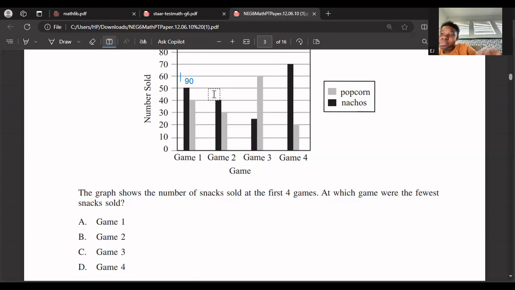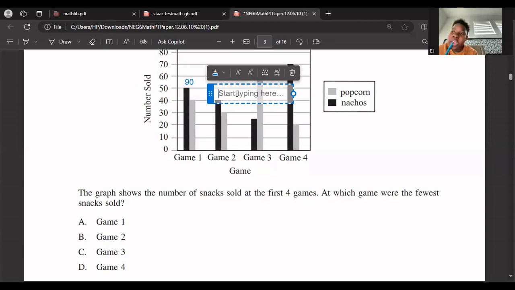So when you do the addition, what do you have? For game 1, what's the total number? 90 snacks. For game 2, what's the total number? 70 snacks. Good. For game 3, 25 nachos and 60 popcorn.